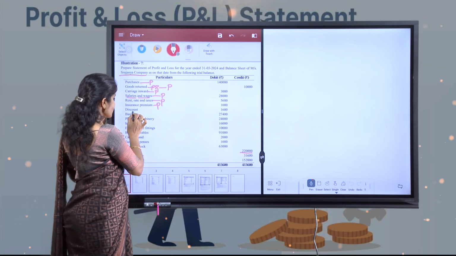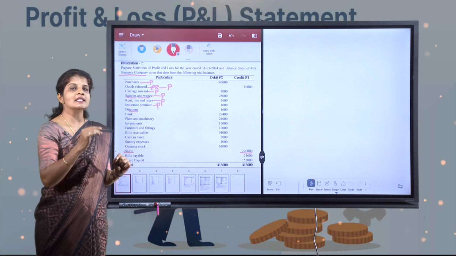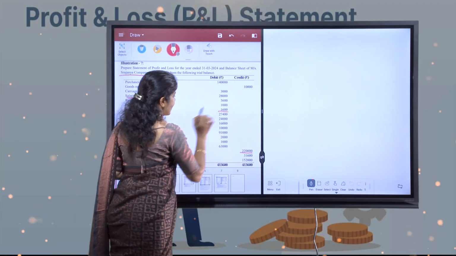Next, discount. Whether this discount means it is a discount received or discount allowed is a question. So this is a debit balance.